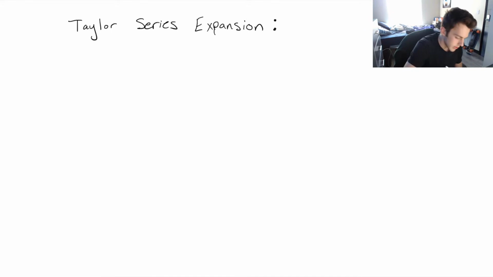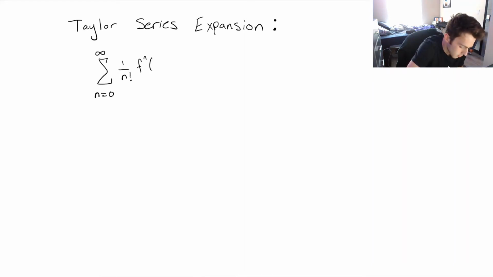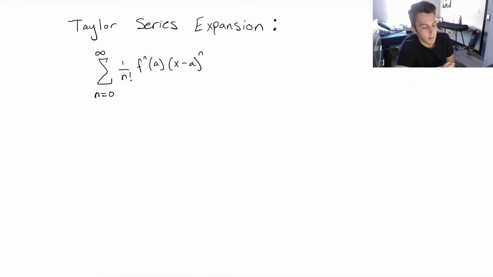So this Taylor series expansion can be written like this, and bear with me if you haven't seen this notation before, because it's not the most important. If you're not learning this in your course right now, it's okay, but you do need to know it for this proof. This is basically saying that I'm going to sum from n equals 0 to infinity of some function f of x that is centered at x is equal to a.